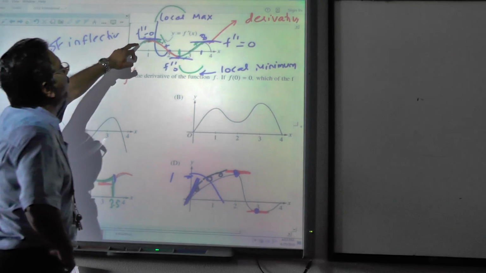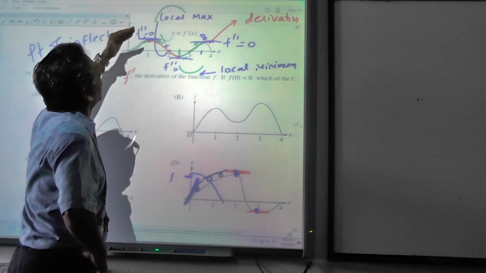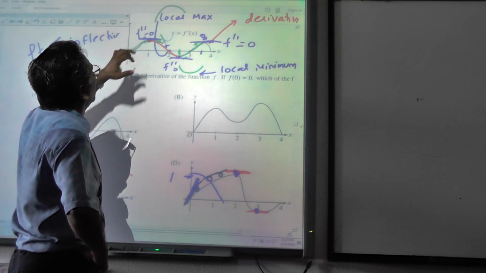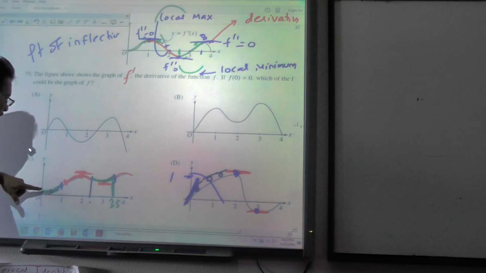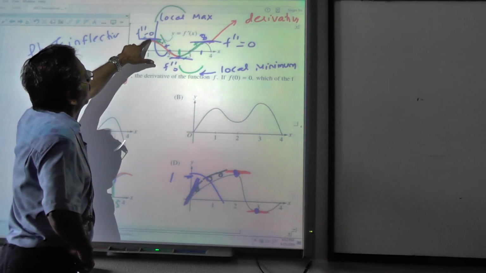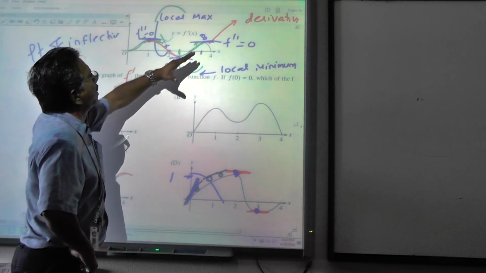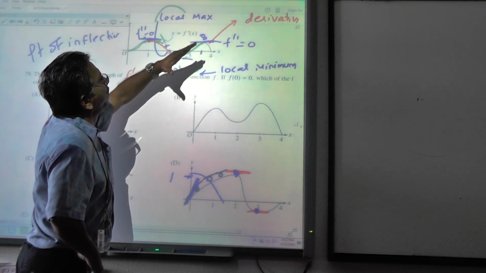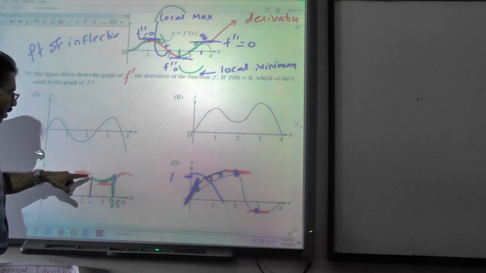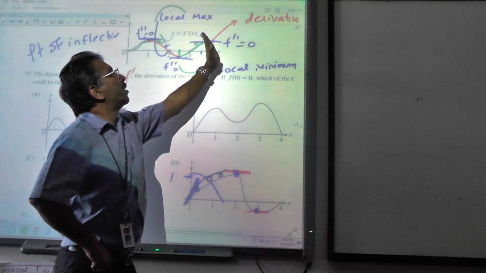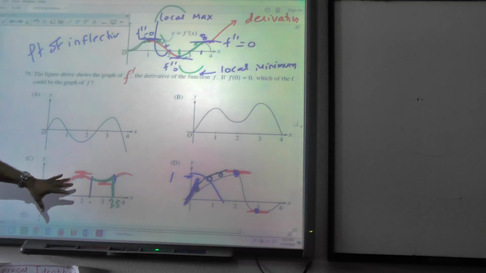Where the second derivative is positive, it means concave up, and you can see that's happening. Here the second derivative is negative, meaning concave down, and here the second derivative is positive again, so concave up. And if you draw a tangent here, this satisfies all the conditions.